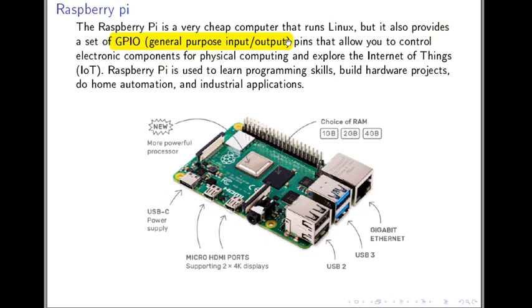Raspberry Pi is used to learn programming skills, build hardware projects, and do home automation and industrial applications. It began just as a purpose for learning programming skills and having interest in hobby electronics. Now it has become so popular that it is also used in industry along with other technology, of course.